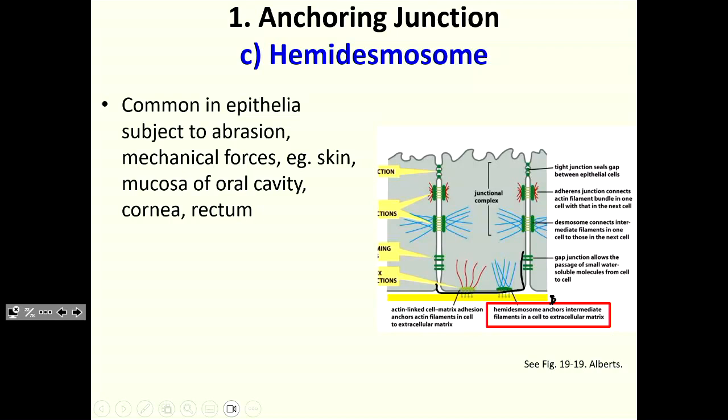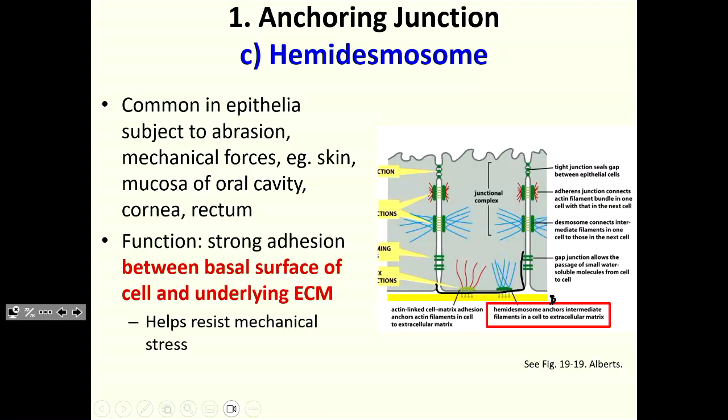So hemidesmosomes actually perform a very similar function as desmosomes, but they're connecting the cell to the extracellular matrix. So a couple of different words we tend to use here. Again, strong adhesion between the basal surface of the cell and the underlying extracellular matrix. We use a couple of synonyms here.